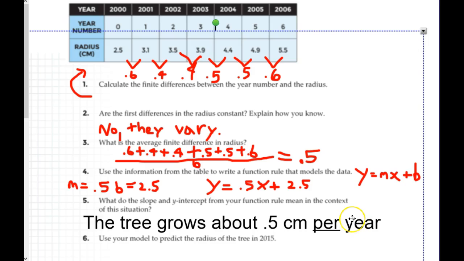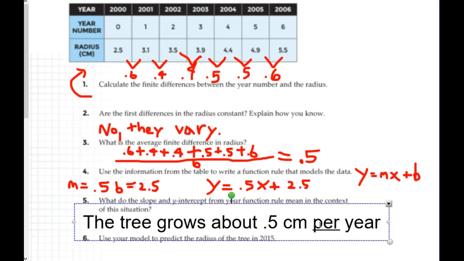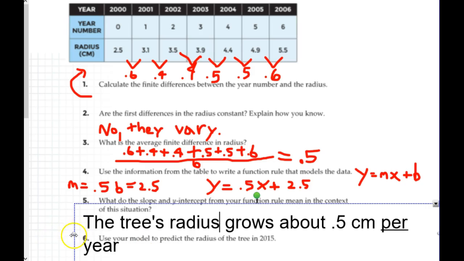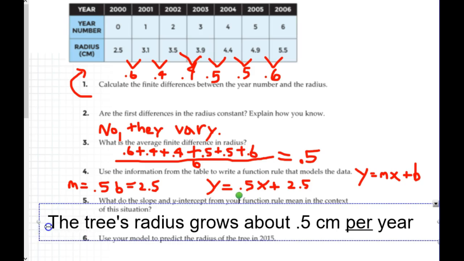Now, it grows about 0.5 centimeters outward, both directions, obviously, since we're talking about the radius. That might be better. The tree's radius grows about 0.5 centimeters per year. Cool.